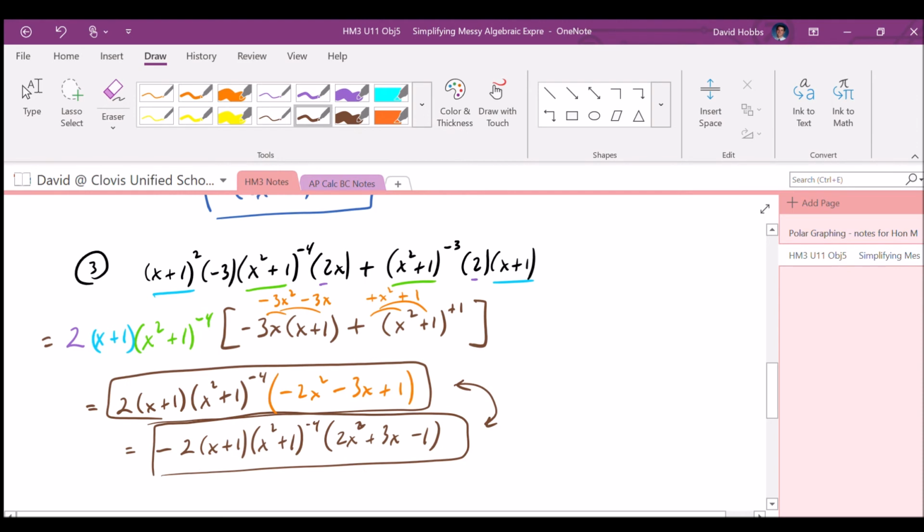Really they're about the same. So we'll just go ahead and say or. Maybe the bottom one's a little bit nicer, but that's about the best you can do right there.